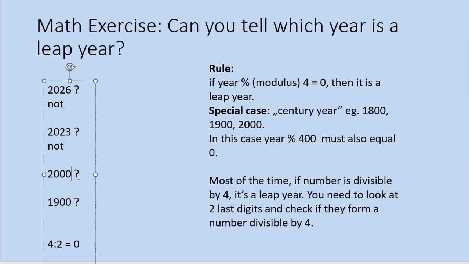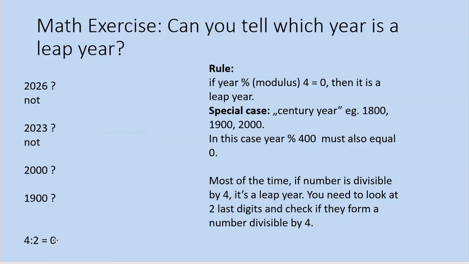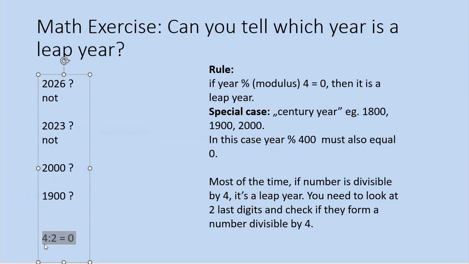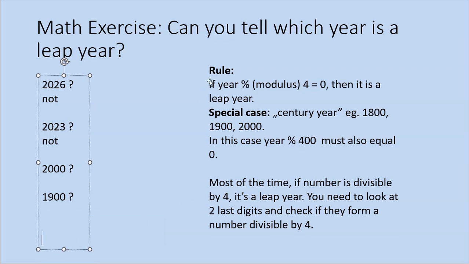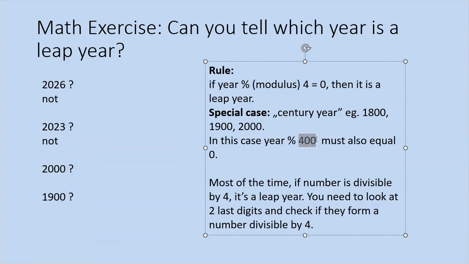Now we take 2000. The year 2000 is a century year. So of course it's divisible by 4 because you have 2 zeros. It's divisible by 4, but you also need to ask if it's divisible by 400. 2000 divided by 400 equals 5.